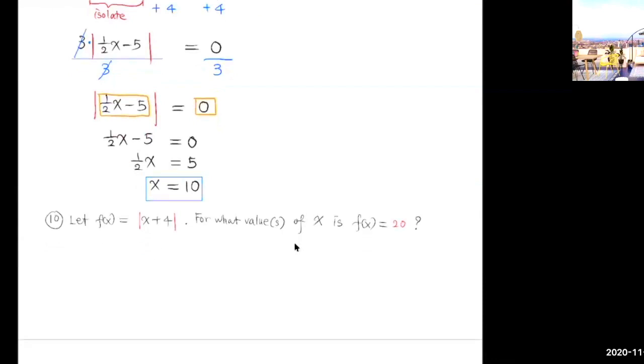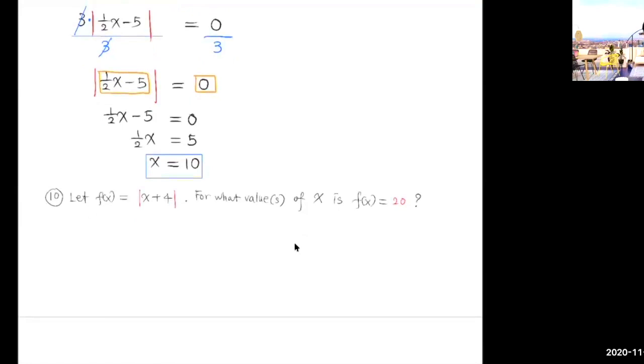Now, number 10. Let f of x equal to the absolute value of x plus 4. For what values of x is f of x equal to 20? Now, remember, f of x, sometimes you can think of as y. It's kind of interchangeable. It stands for the output of the function. So it is not x.